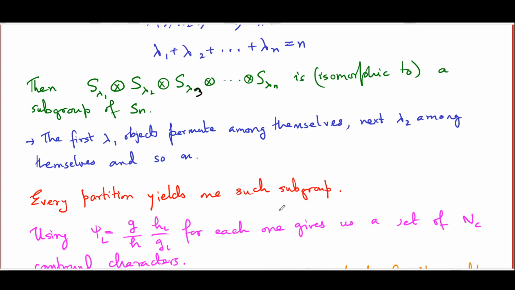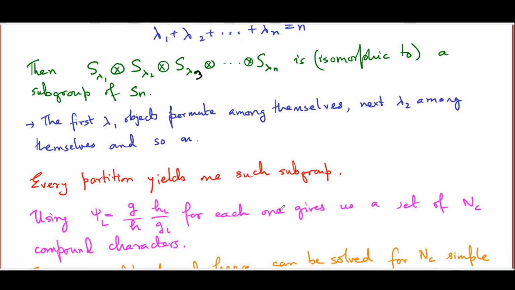Using the simple version of the Frobenius formula, psi L is G by H into HL by GL, each one of these subgroups gives us a compound character. Now, how many such compound characters can we get in this manner? We will get one compound character for each such subgroup, and that means one compound character for each partition of the integer n.